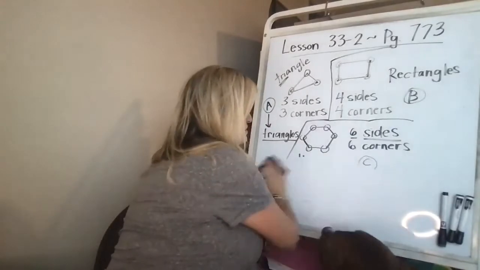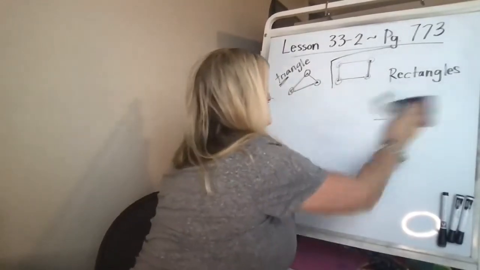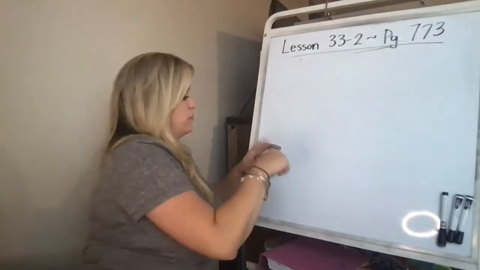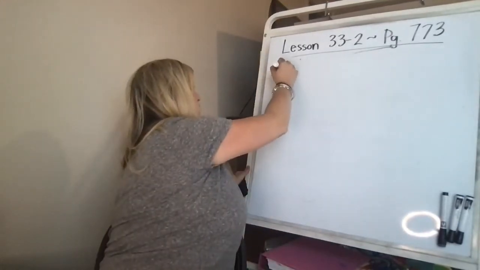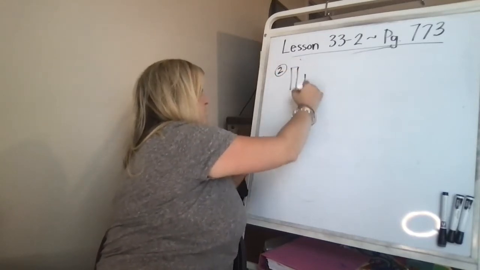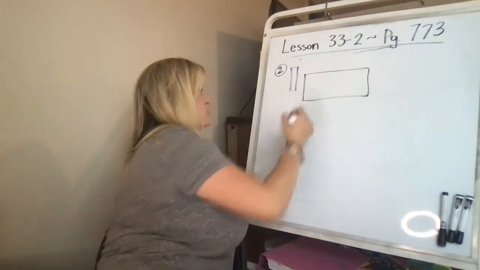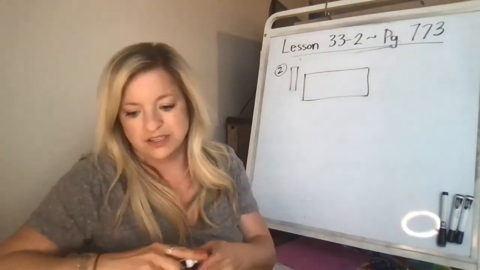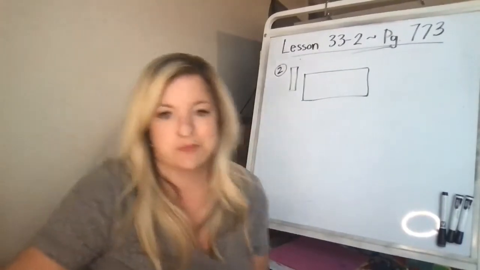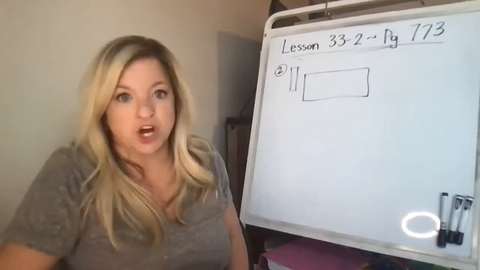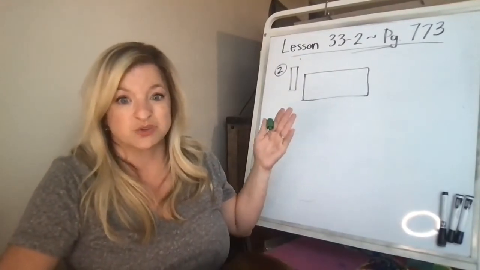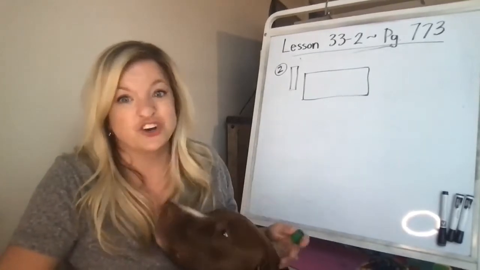So I'm going to erase this because you could have, what they're wondering is like, so problem number 2, if I have a rectangle that looks like this, but then I have a rectangle that looks like that, they're both a rectangle, but they look different, don't they? Well, it's because they have the same properties. So the properties are 4 sides and 4 corners, right? So as long as they have the same properties, you're going to have the same shape.